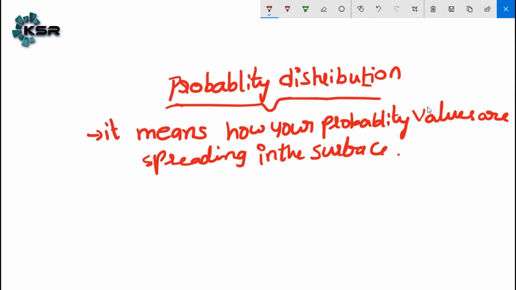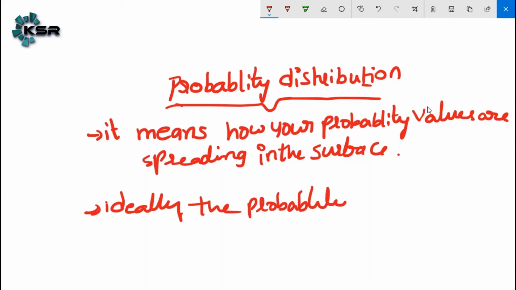Here the probability values are of two types. Probability is a range. Ideally, what is the probability value range? Ideally, the probability value range is in between 0 to 1.